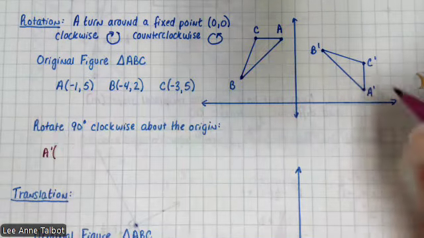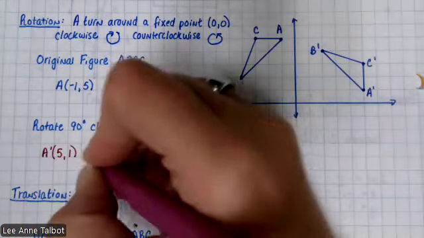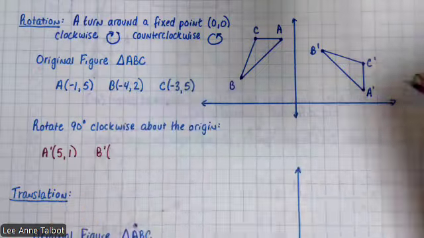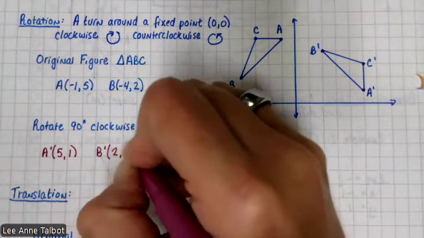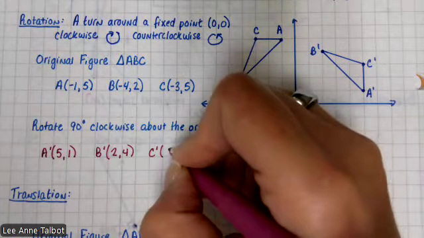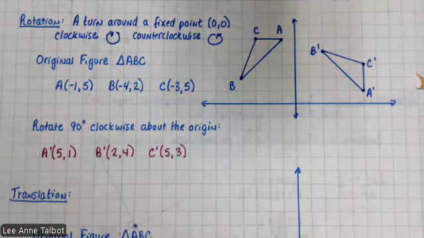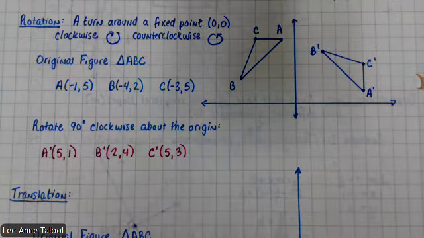So A prime, the new coordinate, is 5, 1. B prime is 2, 4. And C prime is 5, 3. Okay, now this is fun.